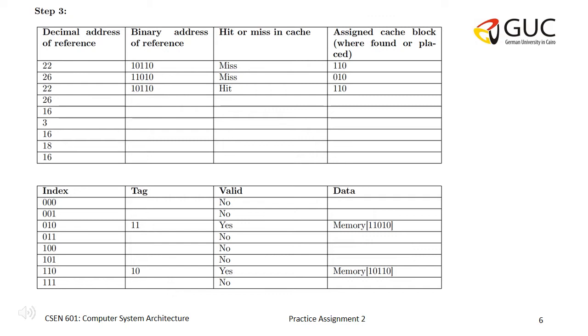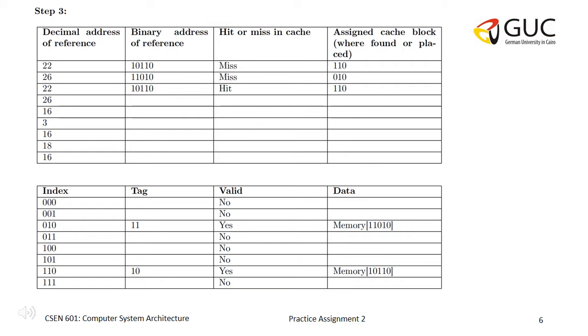We find the valid bit is yes, so that means there is some kind of data in this block. Now we want to make sure that this data is the data the processor is requesting. So we compare the tag, which is 10, with the 10 in the cache, and we find them matching. So that means we have a hit here.